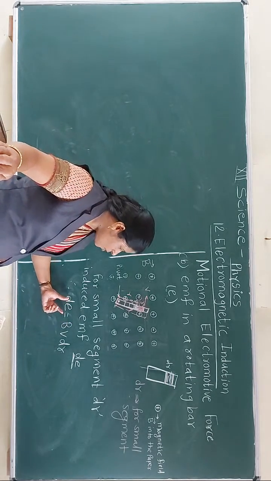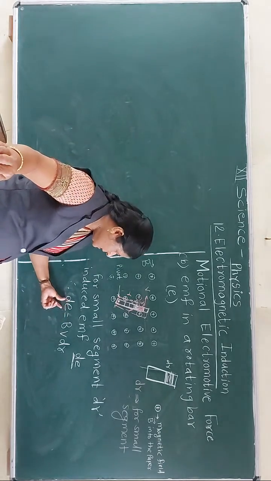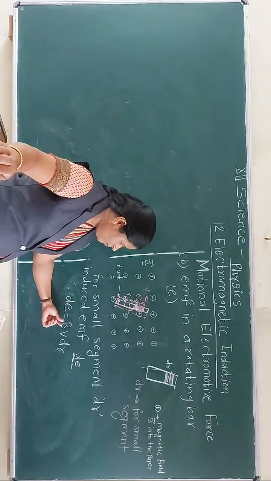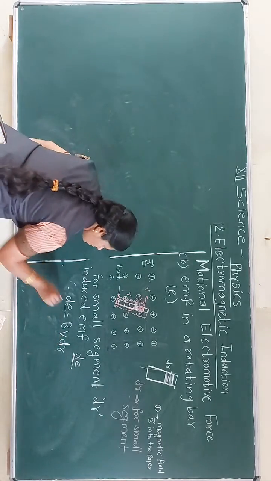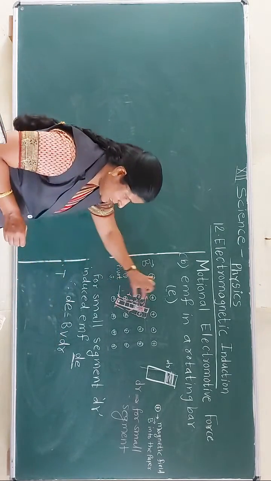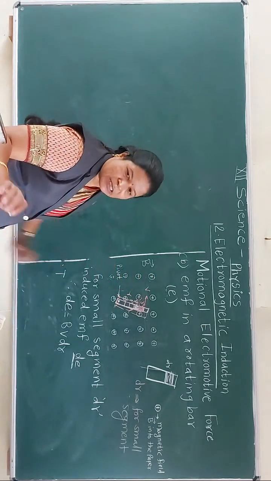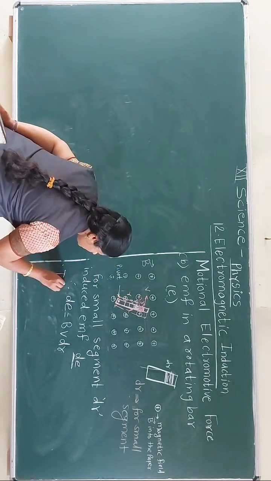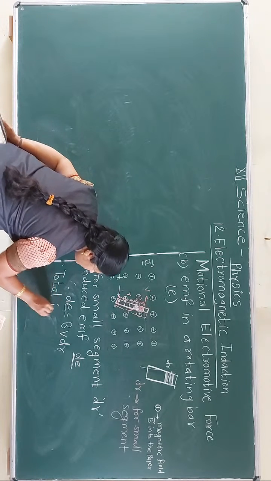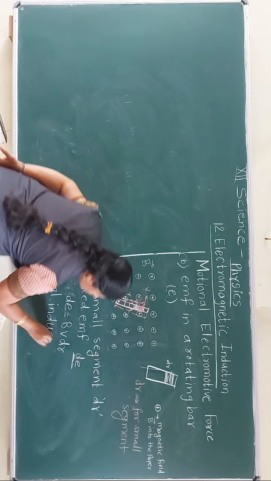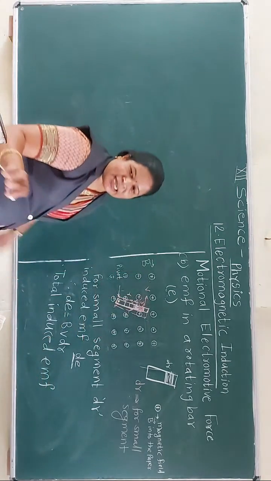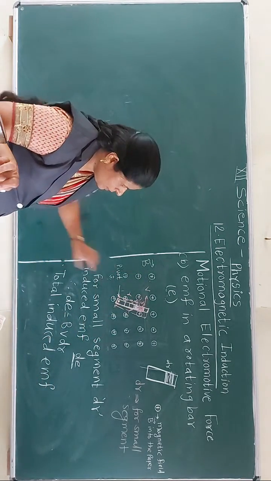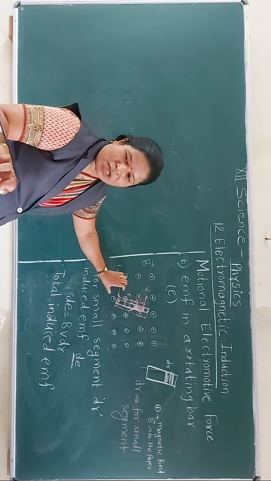But for a small distance, dE is equal to B v dr. So, by adding this dr, we get the total induced EMF in the rotating rod, or rotating bar.